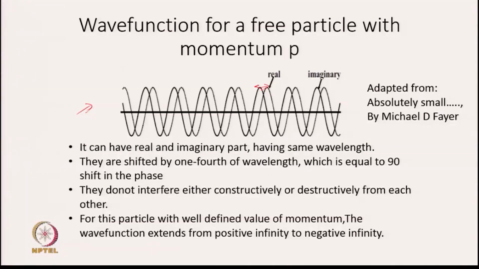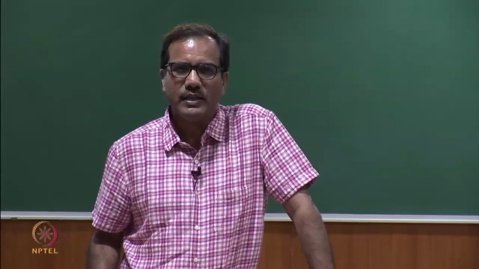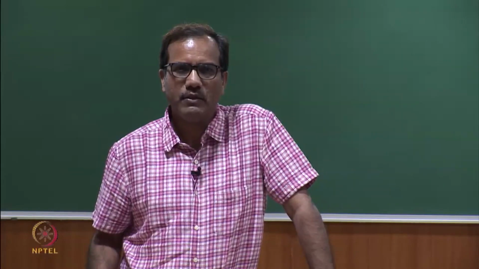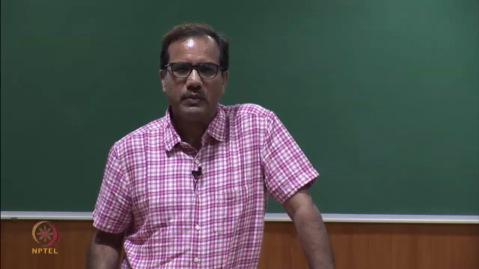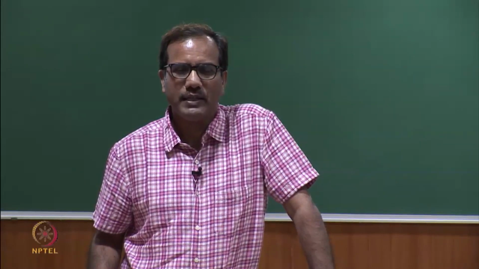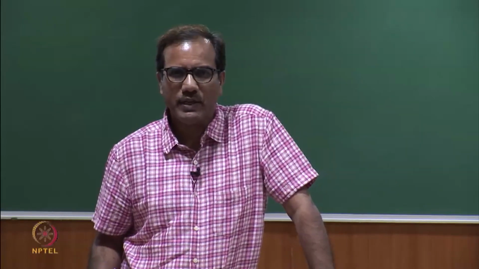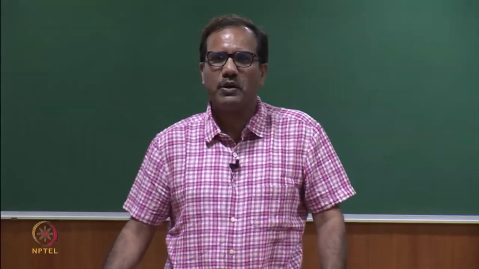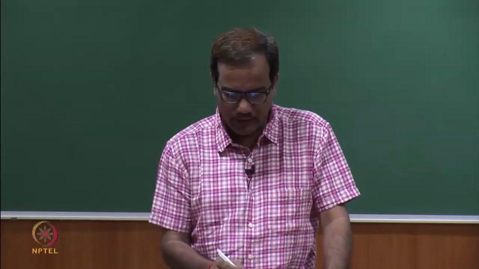Here the wave function extends from positive infinity to negative infinity. Since the probability of finding a particle is proportional to the wave function squared, you can find the particle anywhere between positive and negative infinity.